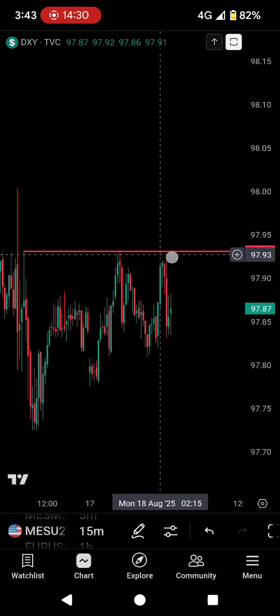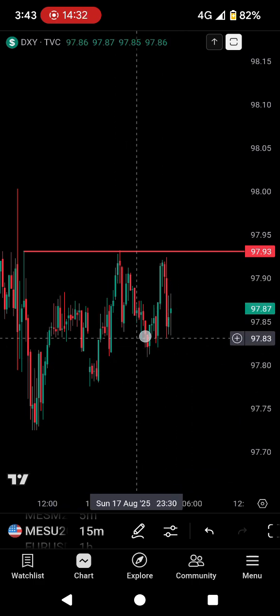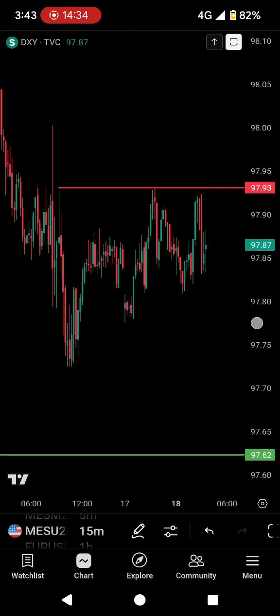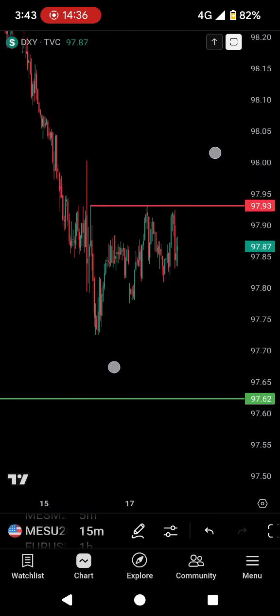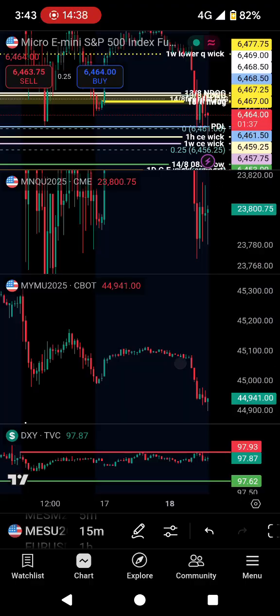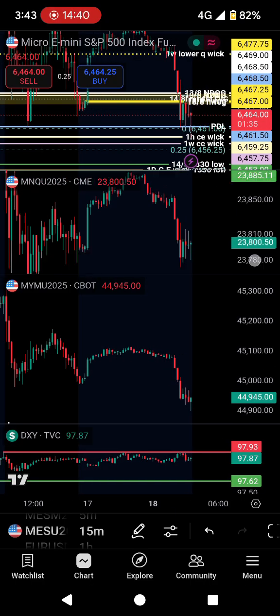I think we should bump a bit above. We can see BC supporting here. So dollar just looks pretty positive to the upside.